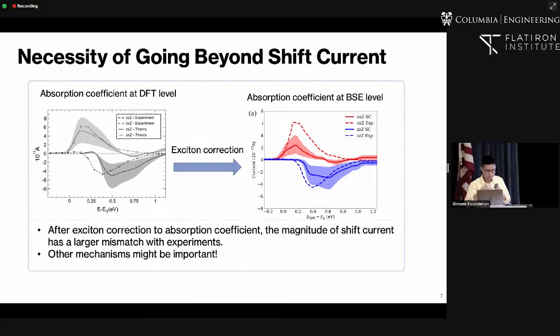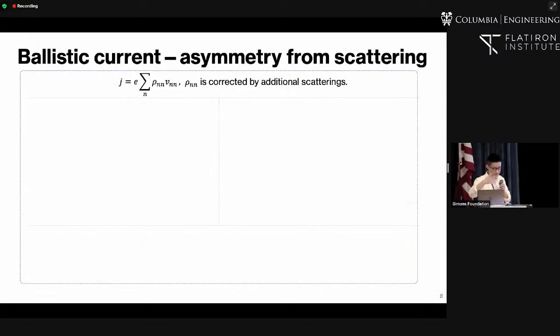Therefore, we are motivated to investigate the ballistic current and see if we can have a method to compute it from first principles. So just to remind you, the ballistic current comes from the diagonal contribution of the density operator. And in order to have some non-vanishing current, we have to have some asymmetry in the momentum distribution.